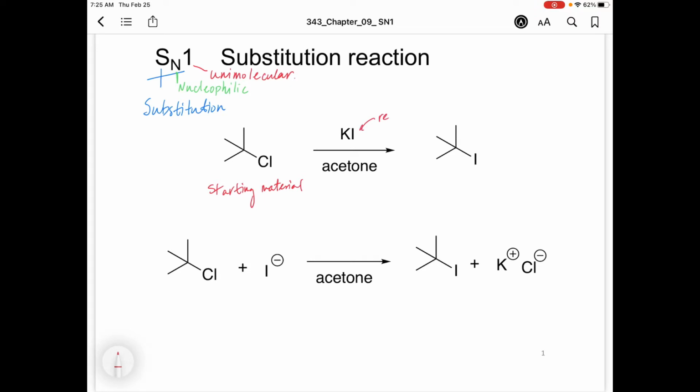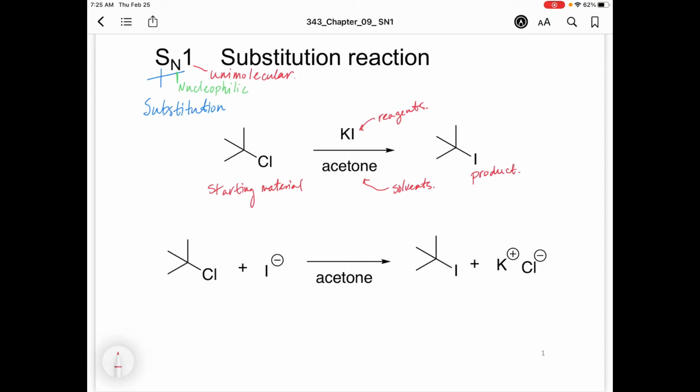Typically, we write reagents on the top of the reaction. Sometimes you'll find them on the bottom, but typically on the top, and typically you'll see solvents listed below the reaction. And then we always write our product on the right side.